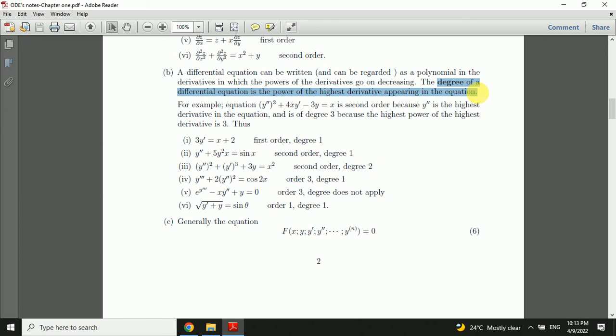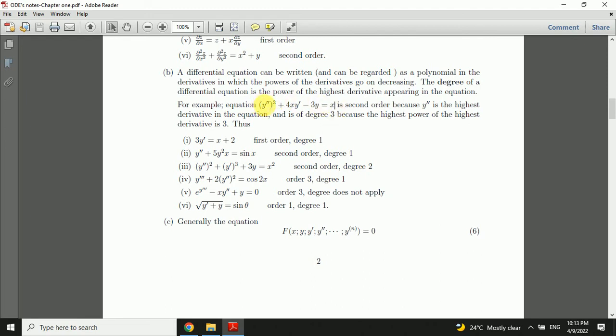Look at the unknown function, and then from a given differential equation, point out the unknown function which has the highest derivative, and find out which power that highest derivative is raised to. Okay? An example is here.